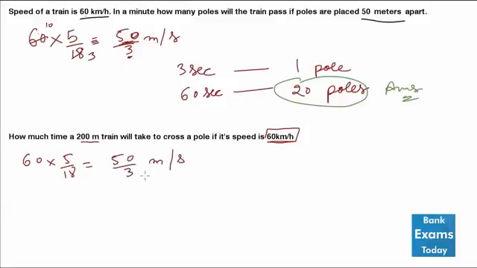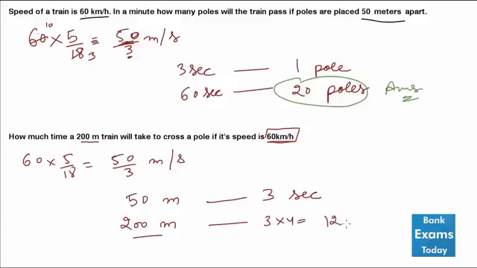So the train covers 50 meters in 3 seconds. So the train will cover 200 meters in, I think, 12 seconds. So 12 seconds is our answer.